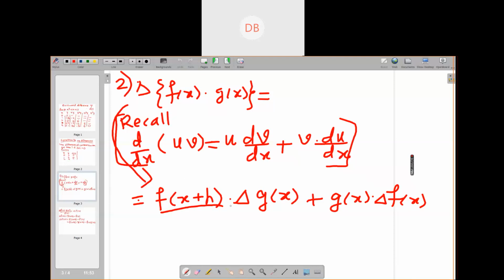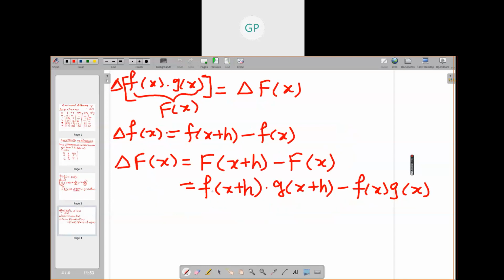See, what is delta g(x)? g(x+h) minus g(x), right? And f(x+h) should be common, into delta g(x). What do we have here? We have f(x+h) into g(x+h).